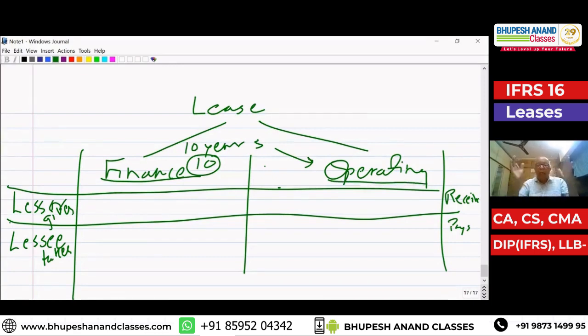In layman's terminology, finance lease is buying on installment, and operating lease means renting for a specific period, which is not equal to the useful life or substantially the useful life. For example, 25 years is the estimated life and it is rented for 23 years. This is again a finance lease, because the estimate of life, 23 and 25, who knows what happens.